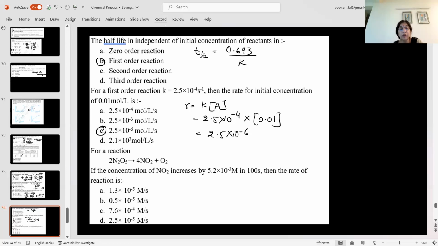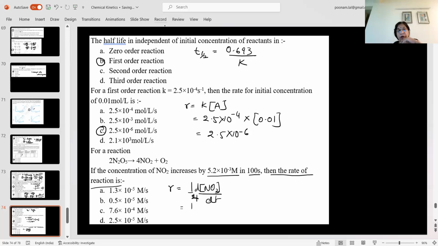Then for this reaction, if the concentration of NO2 increases by so many moles per liter per second in 100 seconds, then what will the rate of reaction be? Now, rate of reaction with respect to N2O5, what will it be? It will be 1 by 4 into change in concentration of NO2, d NO2 by dt.